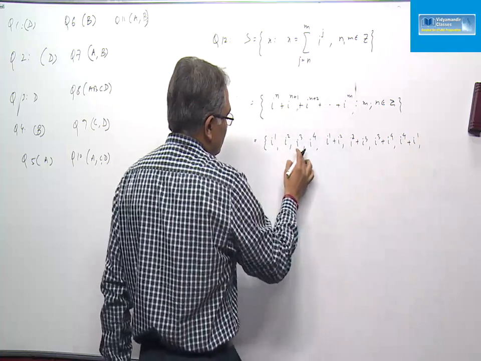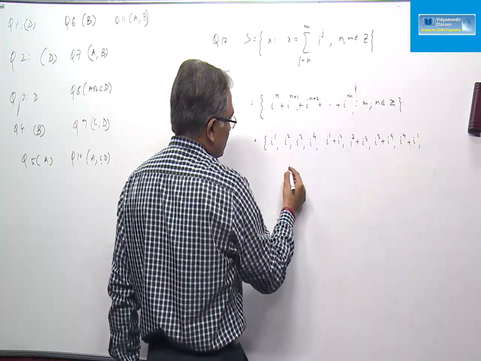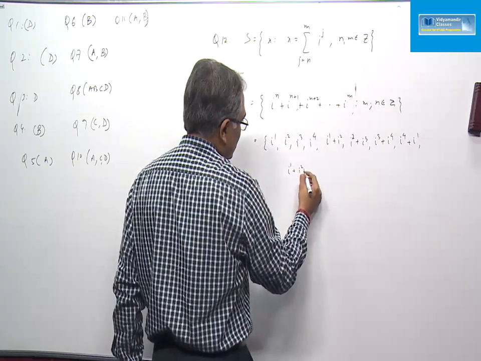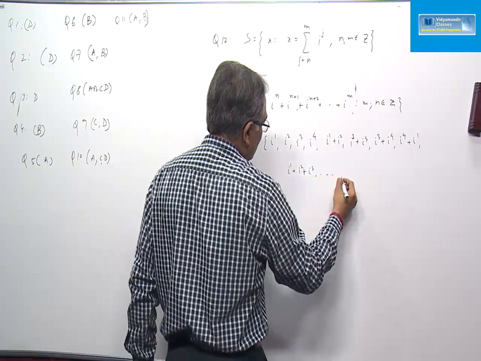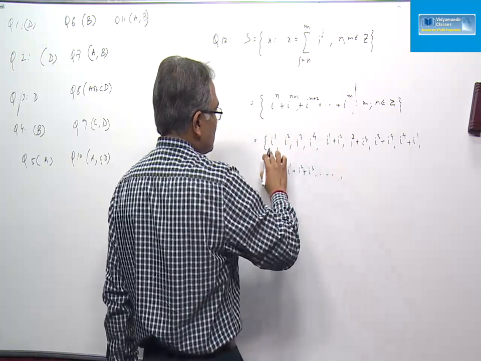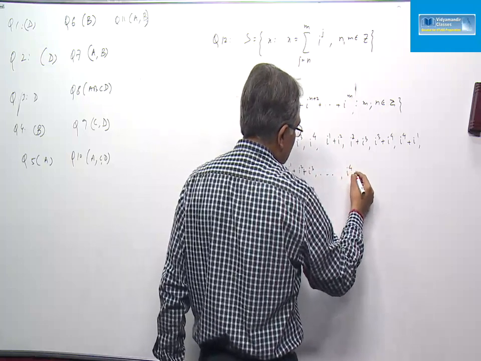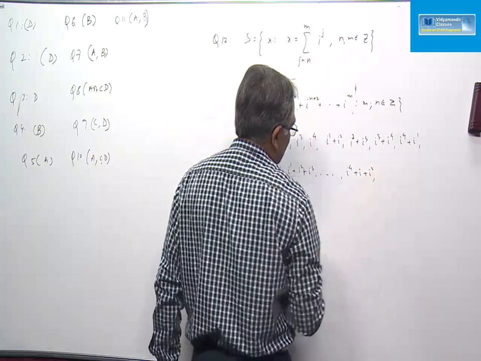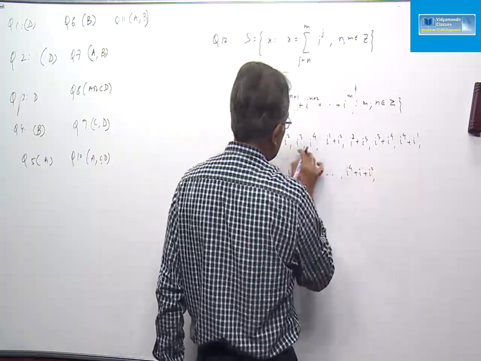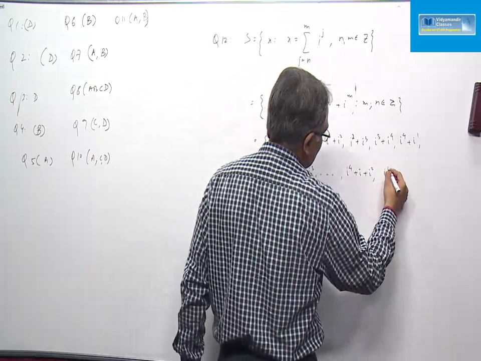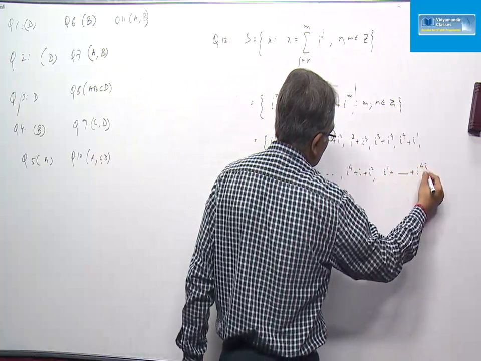Then the sum of three integral powers of iota, that is iota to the power 1, iota square, iota cube, so and so forth till iota 4 plus iota square. And similarly, the last one is the sum of all four integral powers of iota, that is iota to the power 1, 2, up to iota to the power 4.